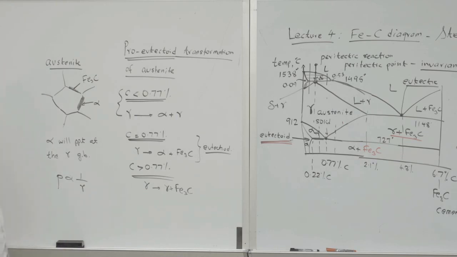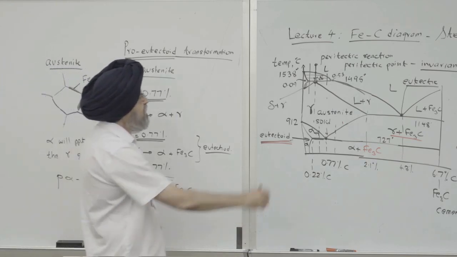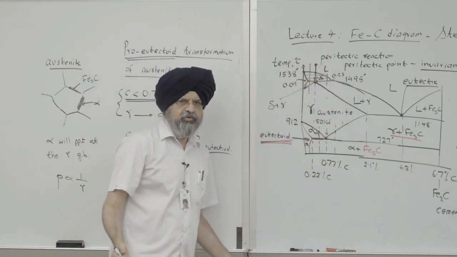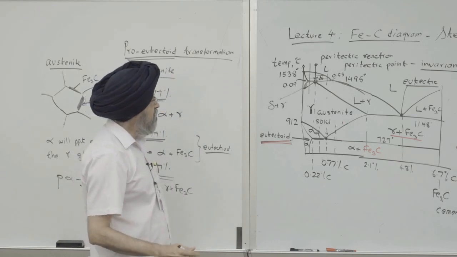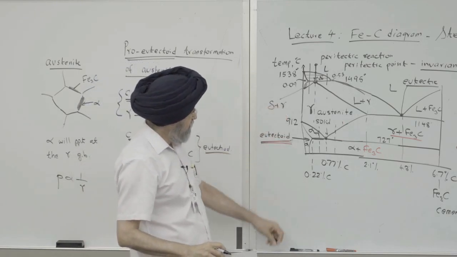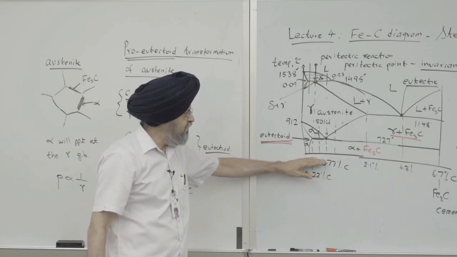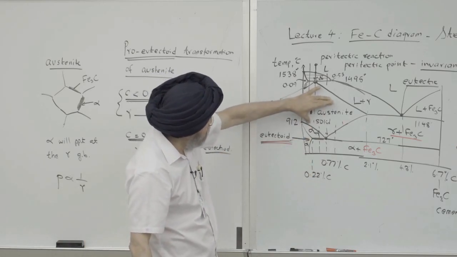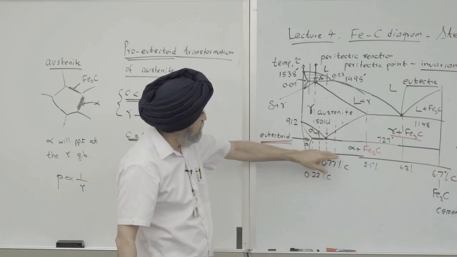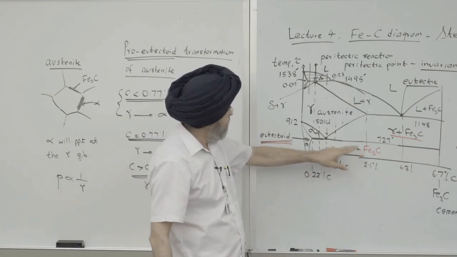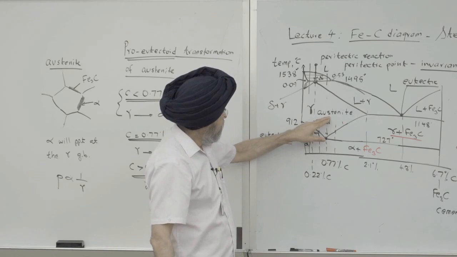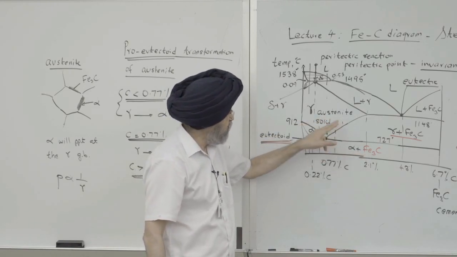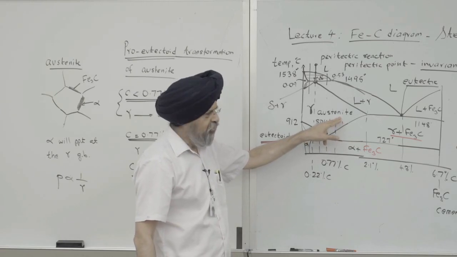But what if you were doing something different? Right now we're cooling from the liquid state down, but sometimes you heat treat the metal. Most steel heat treatment involves taking steel at room temperature and heating it in the austenite region. Notice, to go from room temperature, which is alpha plus Fe3C, to austenite, you have to dissolve the Fe3C so that you get a homogeneous austenite, right?